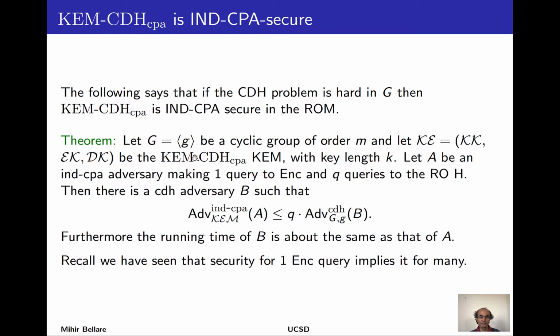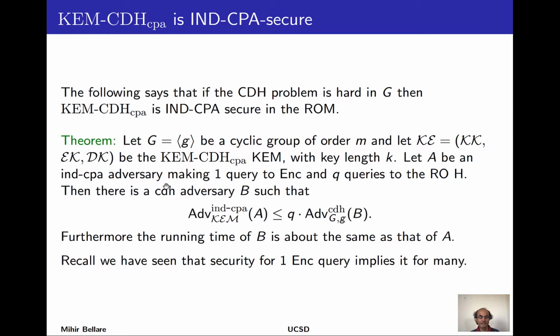So here's a full and quantitative statement of the theorem. We fix a cyclic group. The group, its generator, and its order are public. And we consider the key encapsulation mechanism, that is the Chem-CDH-CPA one, as described earlier. It has a key length k, which is the output length of the hash function, and here the random oracle.